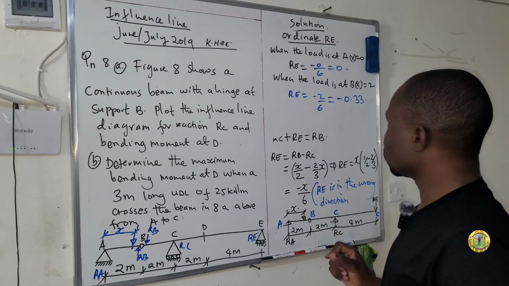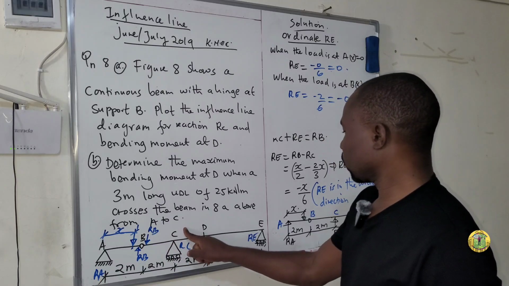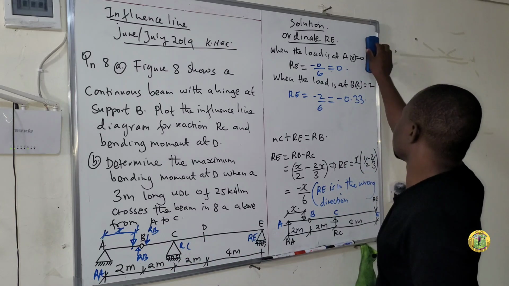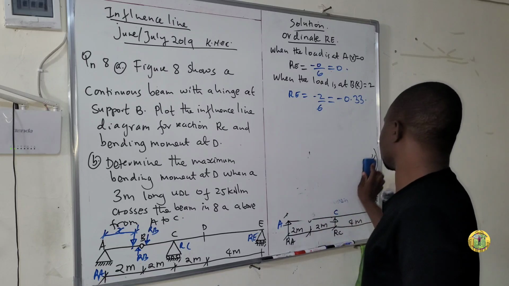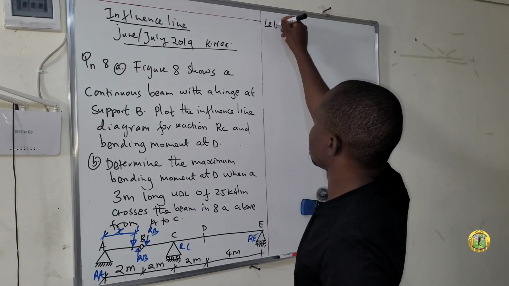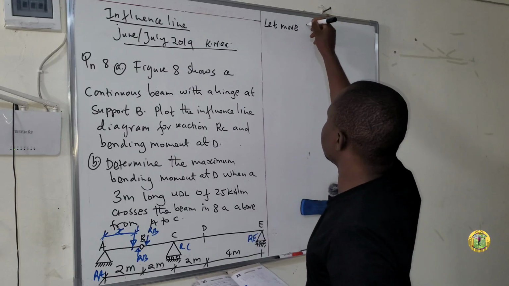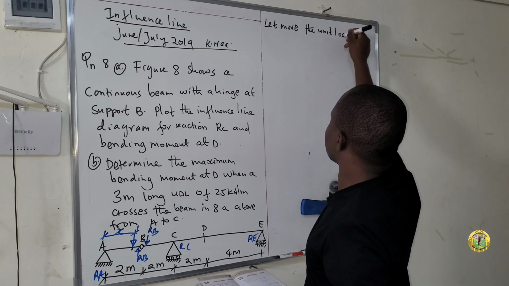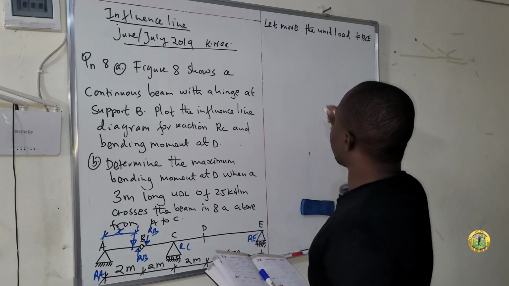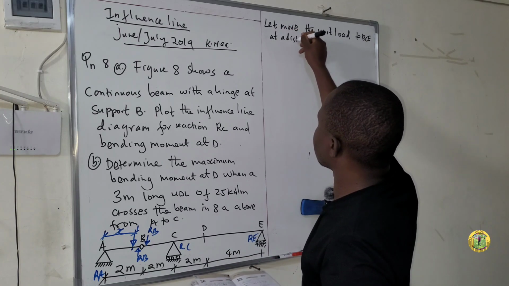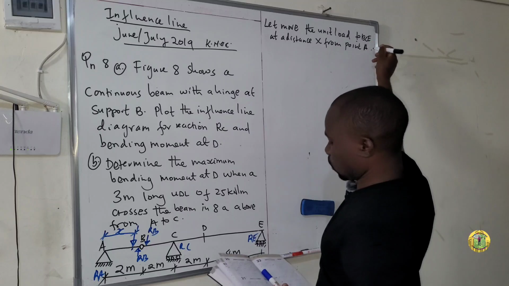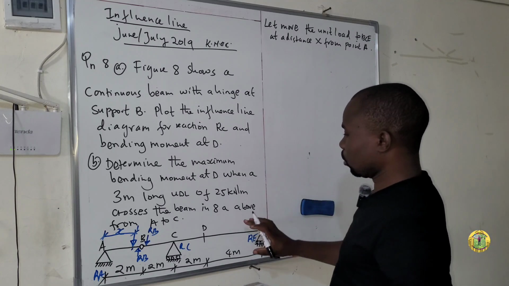Now we want to allow the load to roll from B to C and to E. Let me move the unit load to B, C, E at a distance X from point A. So allow me to draw again the beam.